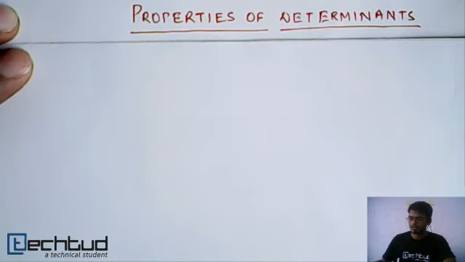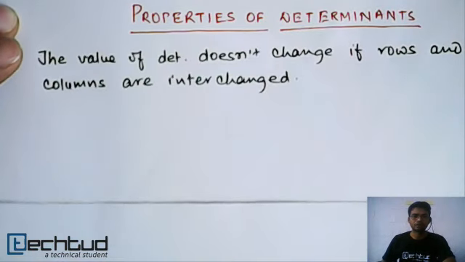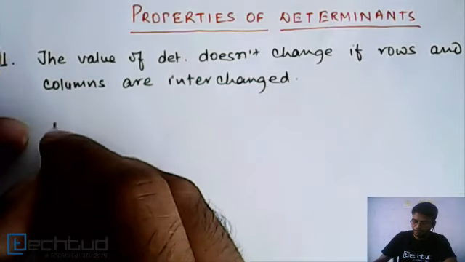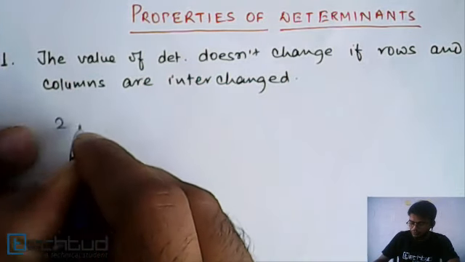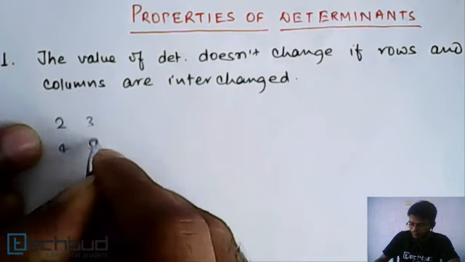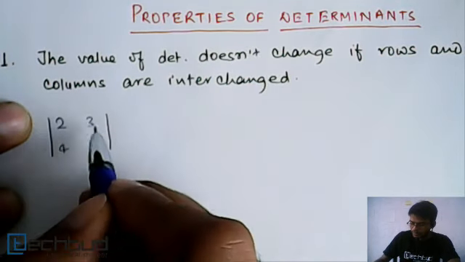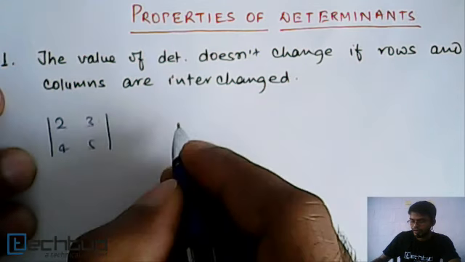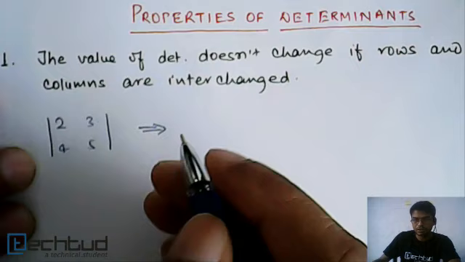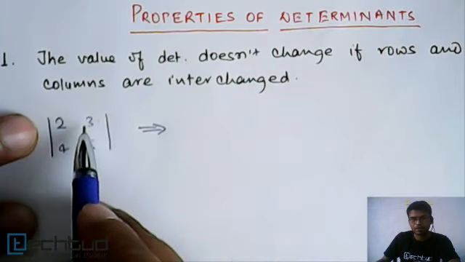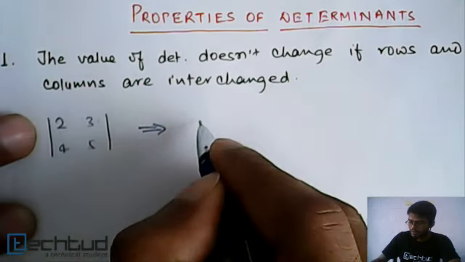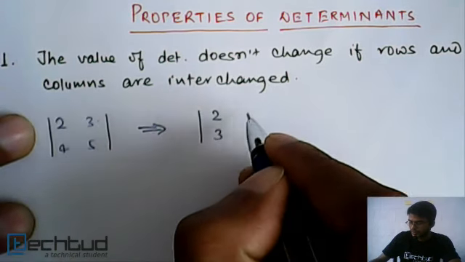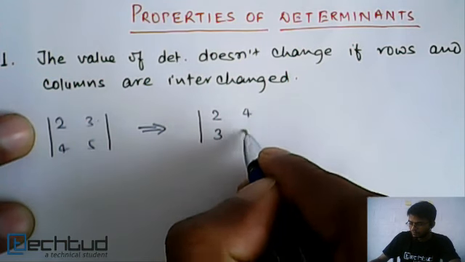The determinant properties, we will start with a very simple property. The first property is if we exchange the rows and the columns of a determinant. That is what I want to say, that if we have 2 3 4 5, this is our first row and this is our second row, and if we exchange, the rows become columns and columns become rows, so we make it 2 4, then 3 5.